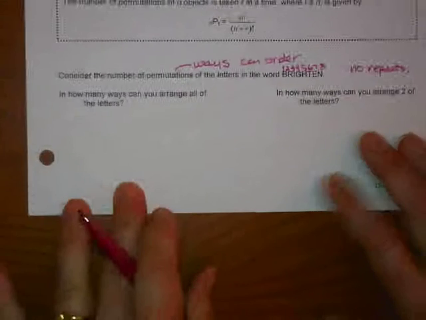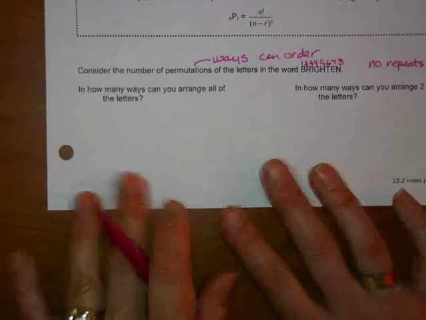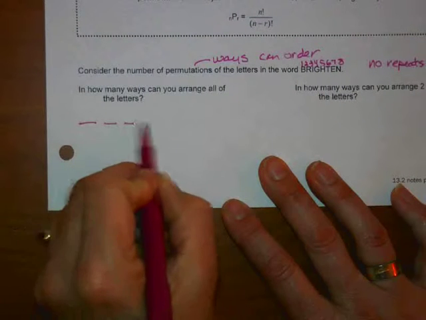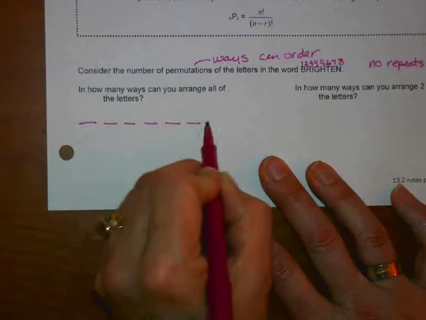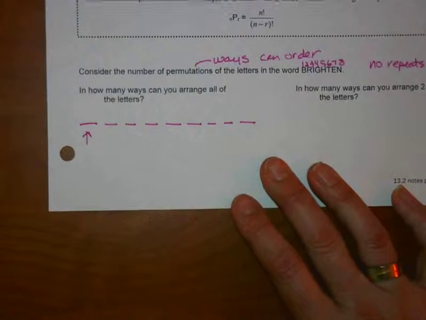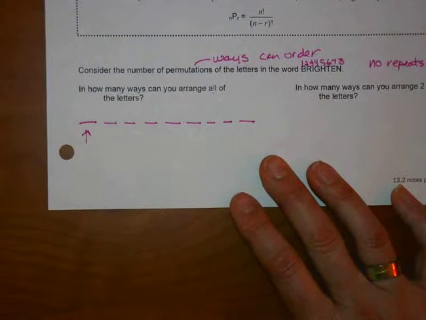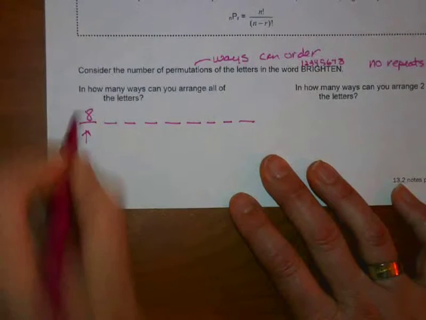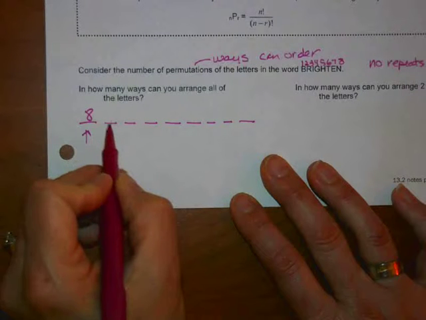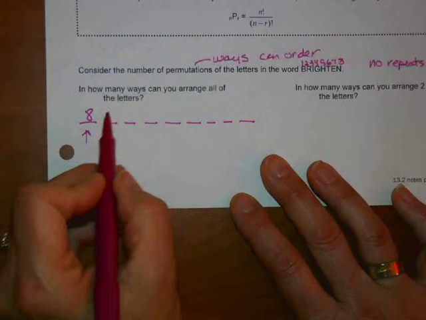So, in how many ways can you arrange all the letters? Let's look at it like this. I have 8 spots to fill. This is my first spot. How many letters do I have to choose from for my first spot? 8. Okay, I've already used that one. So how many letters for my second spot can I choose from? 7.